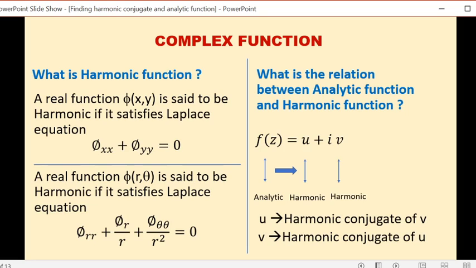Shubham, it satisfies the Laplace equation, so it is harmonic. Prashant, it satisfies Laplace equation. Correct. What does it mean that it satisfies the Laplace equation? As Pradnya has already said, it means vxx plus vyy is equal to 0. Okay.